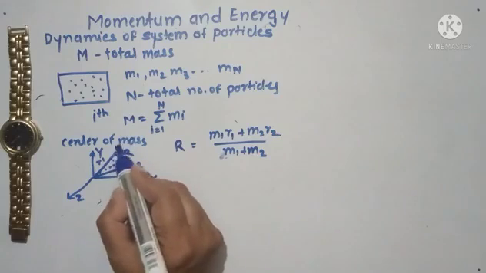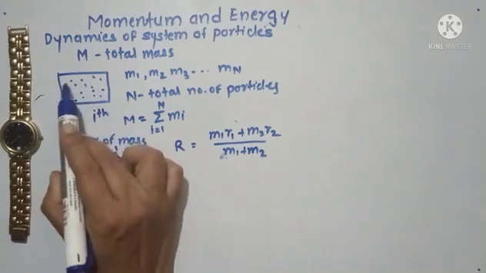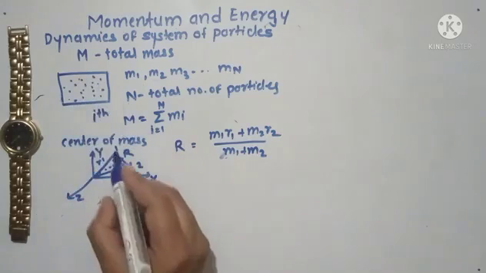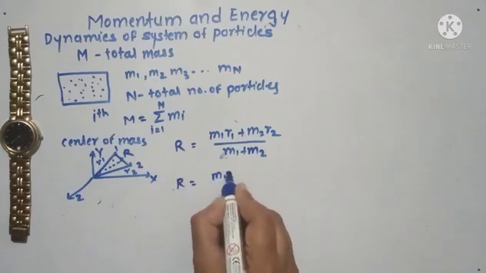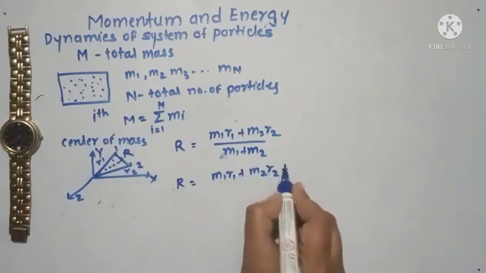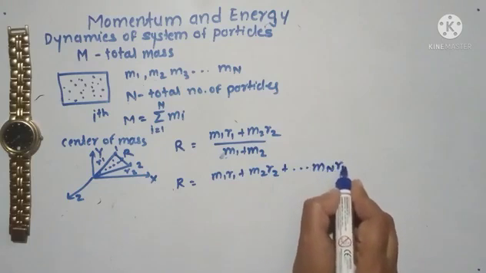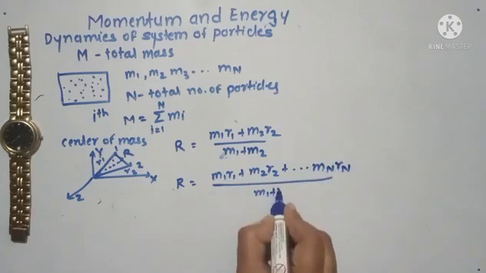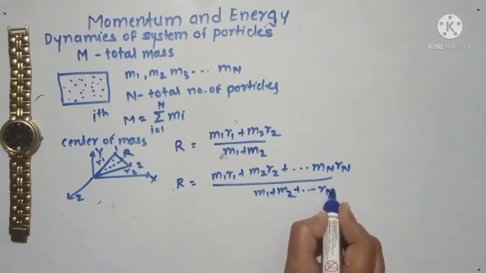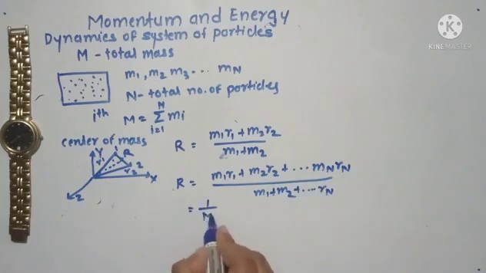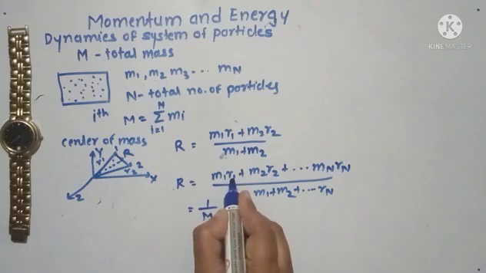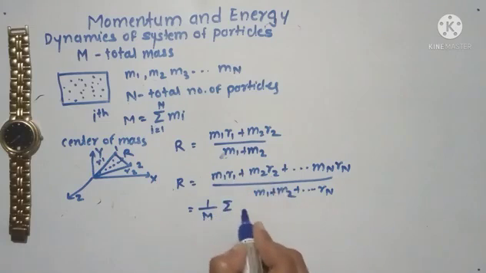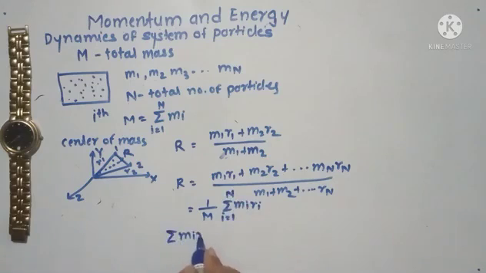We are considering it for only two particles, but in day-to-day life we are not dealing with a body which has only two particles. So for a general body, R could be given by m1 r1 plus m2 r2 plus up to mn rn upon m1 plus m2 up to mn, which can be written as 1 upon M times the summation of mi ri, where i runs from 1 to n.